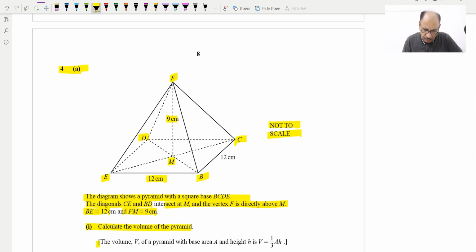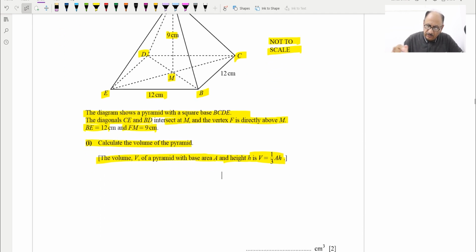So for the volume of the pyramid, they are saying base area A and height Z. So the volume is 1 by 3 base area into height. So we require the base area for that.